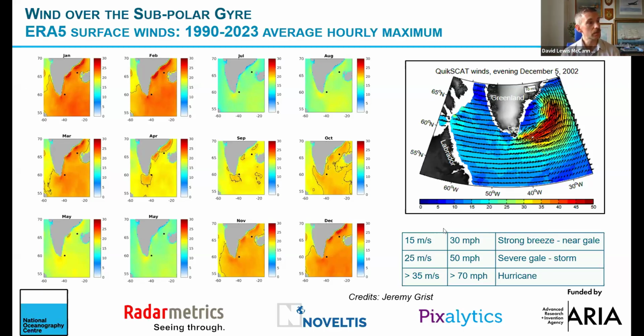Now, what's problematic with these data is that they miss the variability. So QuikSCAT is seeing winds of 40-50 meters per second, but averaged over very, very wide areas, and not looking at much in time, let's say. So we can expect that the real maximums in wind speed could be even higher.